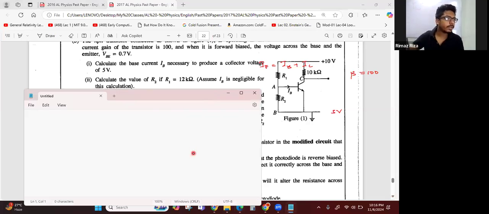So here we want to find IC first. For that I can use V equals IR. Since this is an essay paper, you have to write this. Using Ohm's law for the 10 kilo ohm resistor, the voltage difference is 10 minus 5, which is 5 volt.